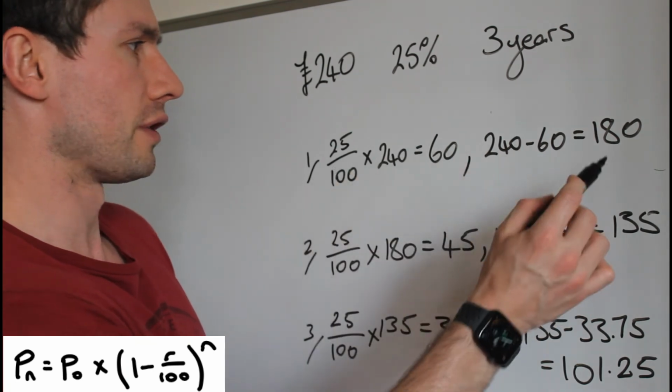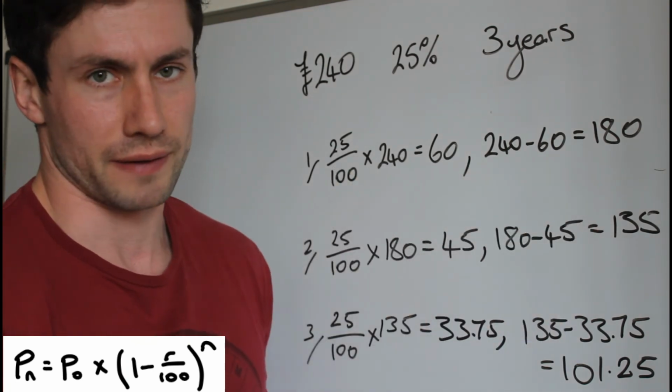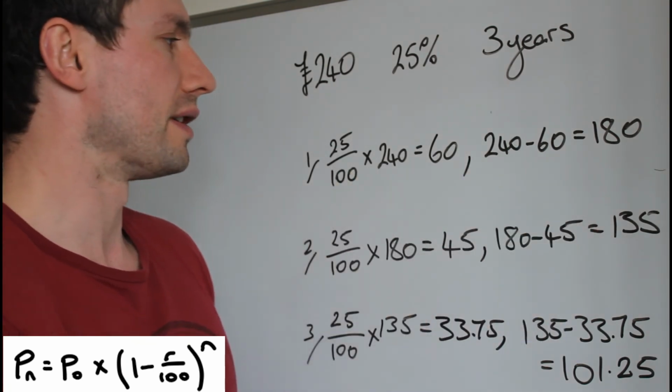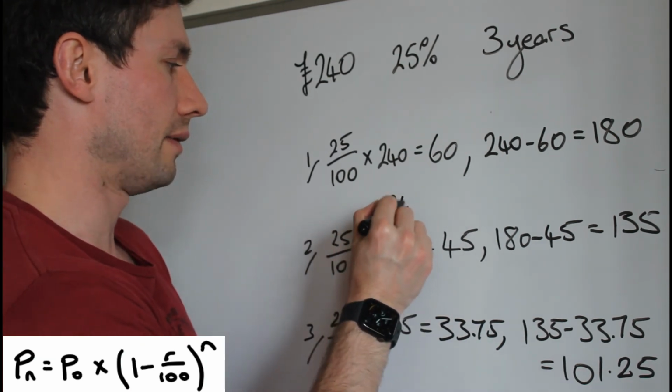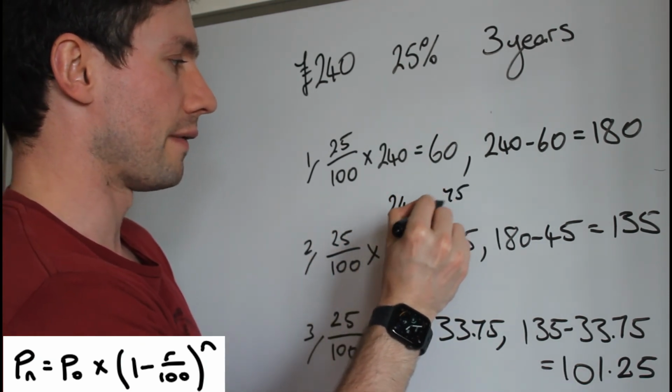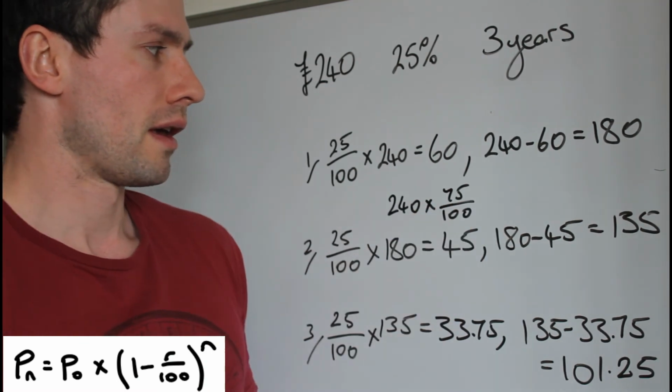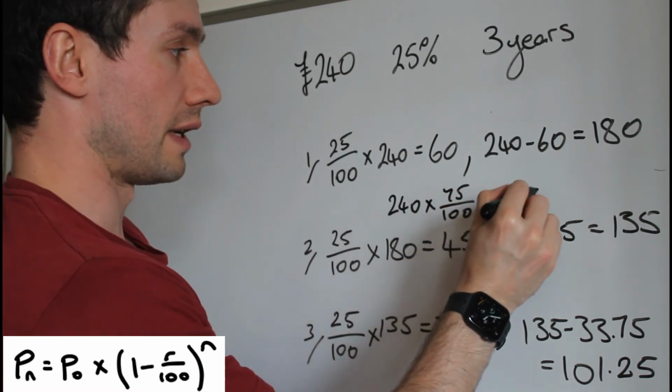Okay, now let's look at how we could quicken up that process by using the factors. So in this first year, instead of multiplying it by 25 over 100 and taking that away from the original amount, we could just times the original amount by 75 over 100. This would give us our 180.